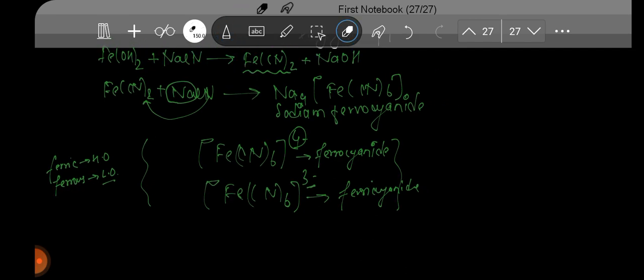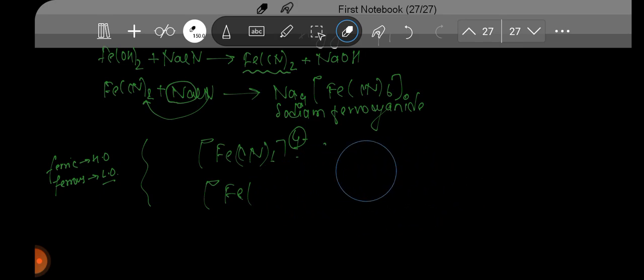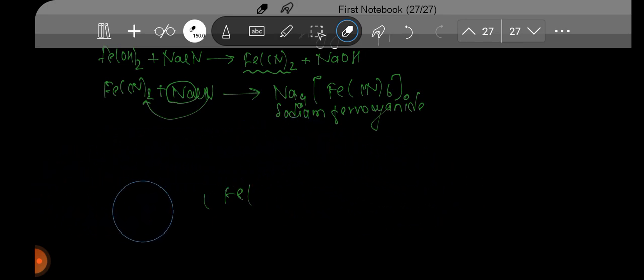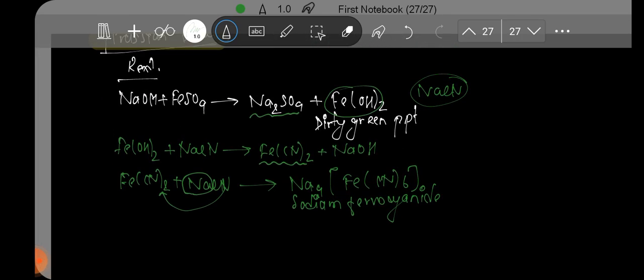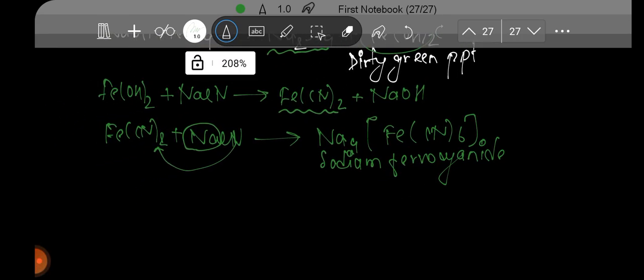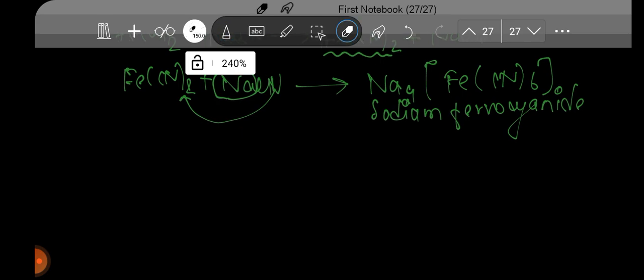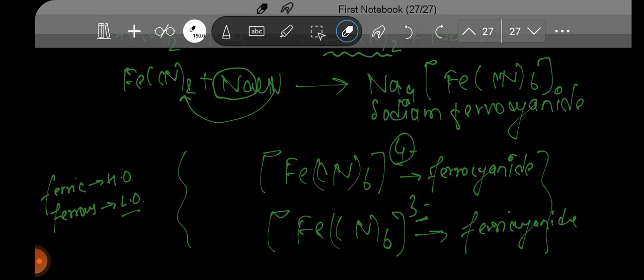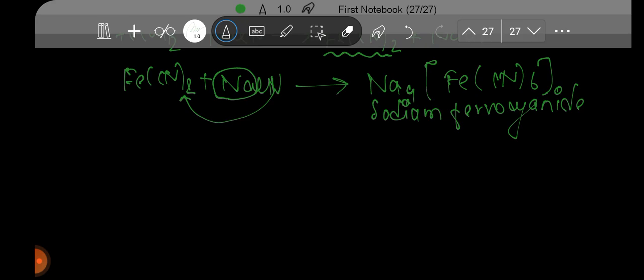I hope you have noted this. We will not break the flow of the reaction by adding unnecessary things. This is sodium ferrocyanide.